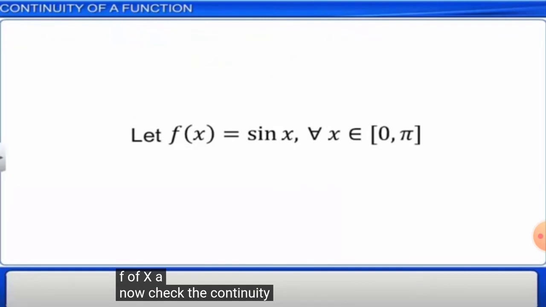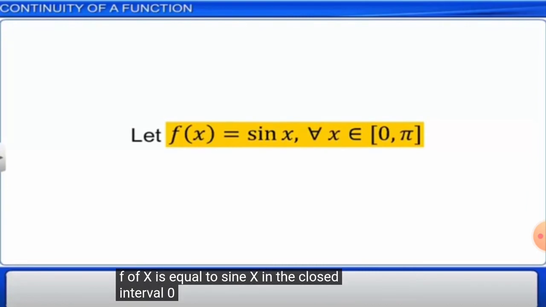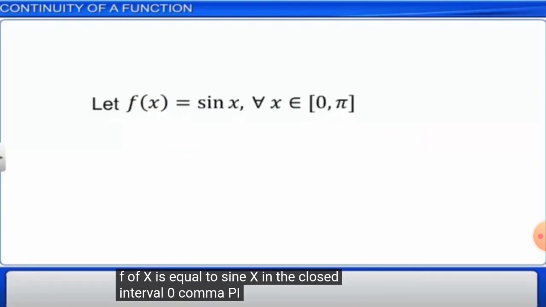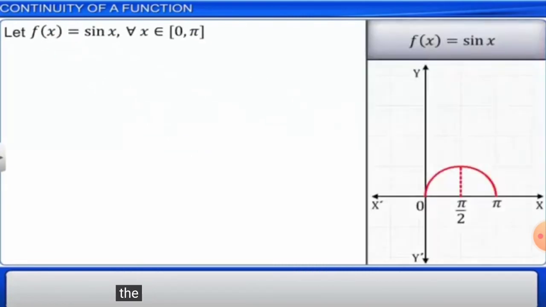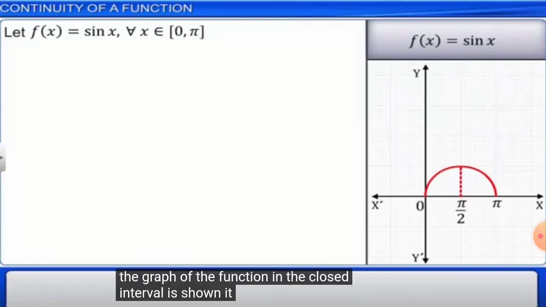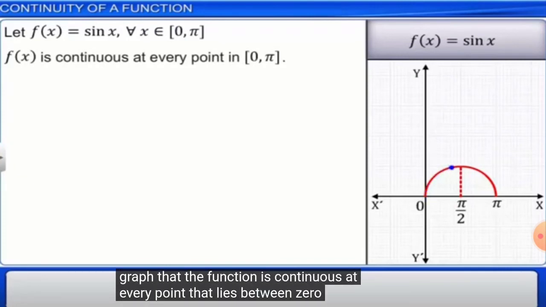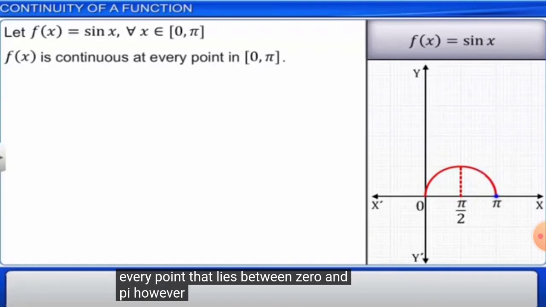Let's now check the continuity of the function f of x equal to sine x in the closed interval 0, pi. The graph of the function in the closed interval is shown. It is clear from the graph that the function is continuous at every point that lies between 0 and pi.